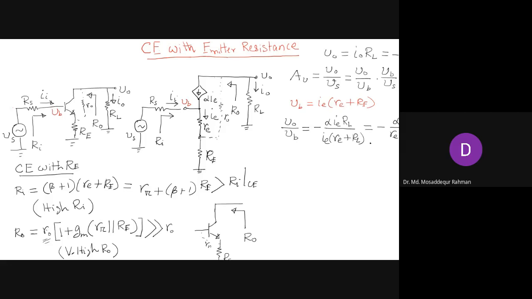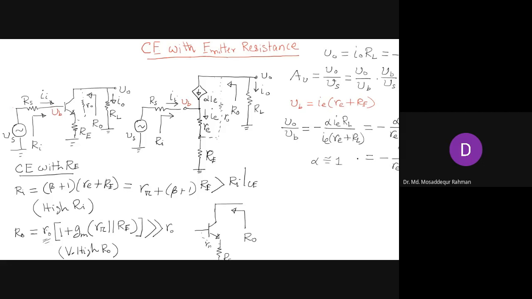Now alpha is close to 1. We know that alpha is approximately equal to 1, so we can apply this approximation and write minus RL divided by re plus RE. So that is the gain from base to collector.